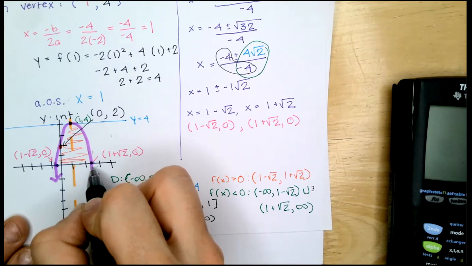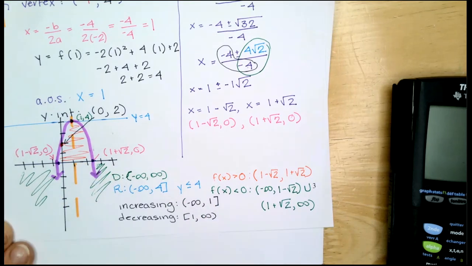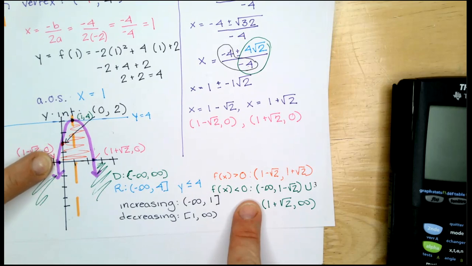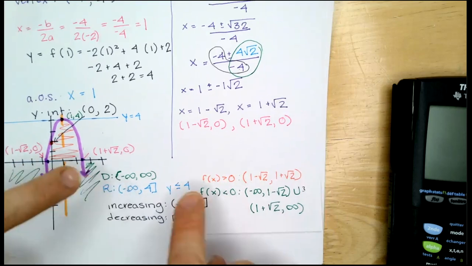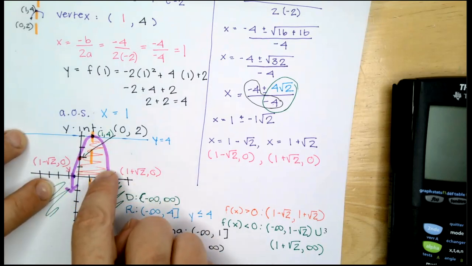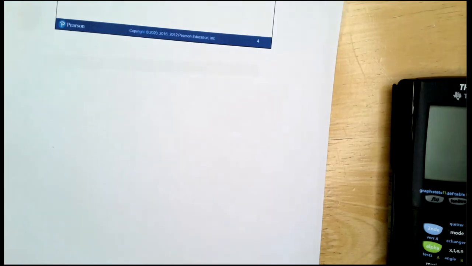So all of this and all of this, it's negative. It is negative after that point and after that point in both directions, but it is positive between those 2 points. All right, I know. This is a lot.